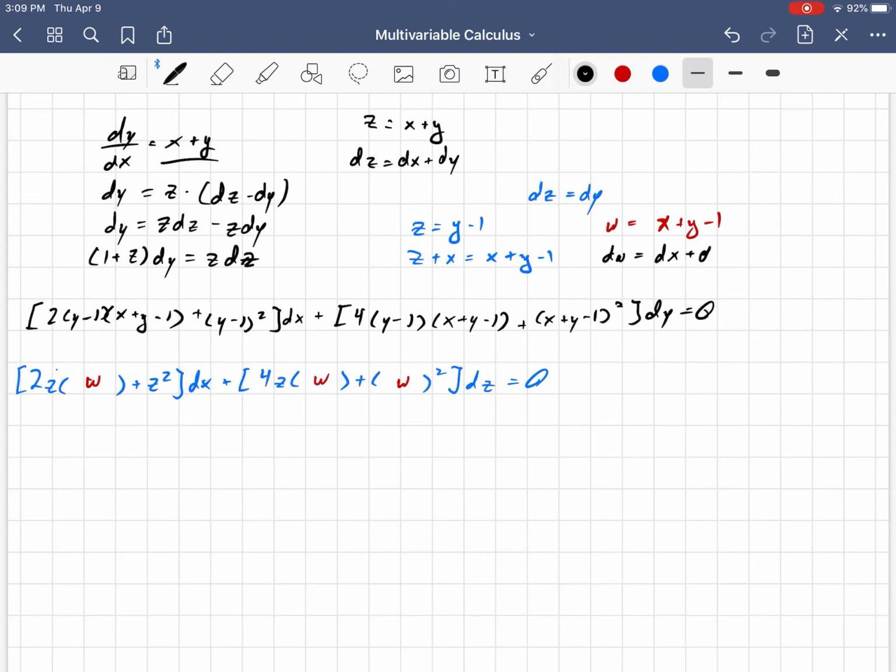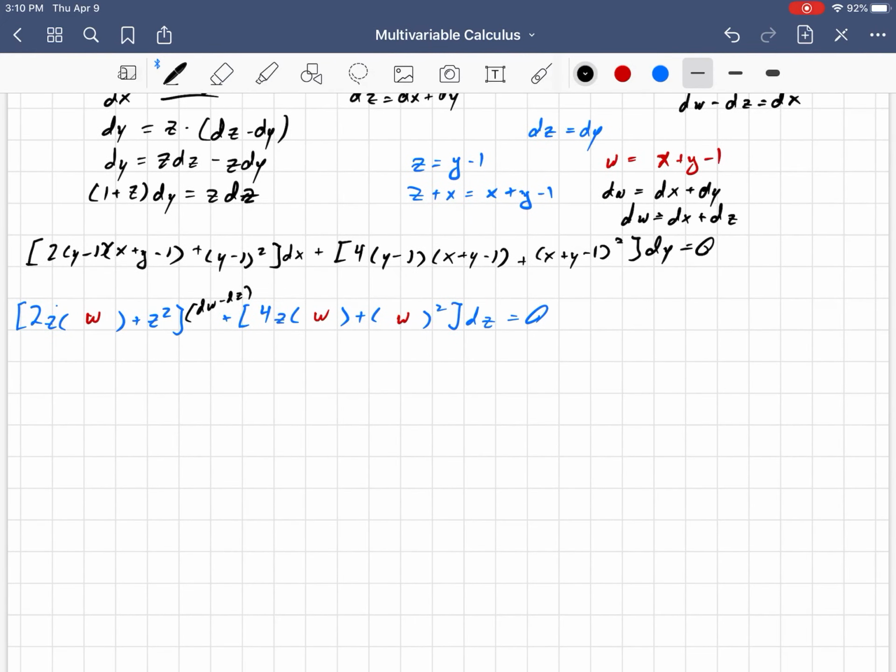So dw is dx plus dy, and that makes dw equal to dx plus dz, because the dy is dz, so then dw minus dz is equal to dx. And so you would just replace this dx with dw minus dz.